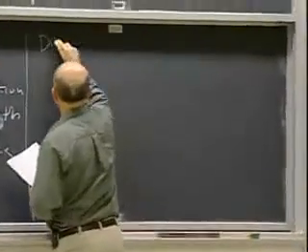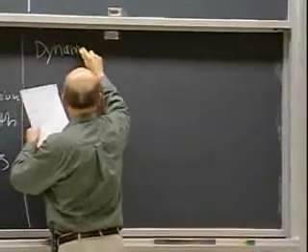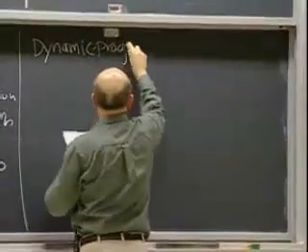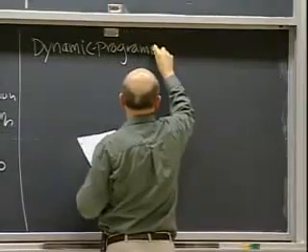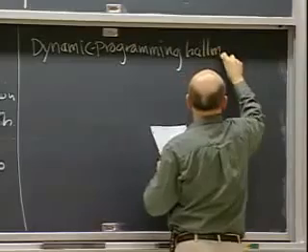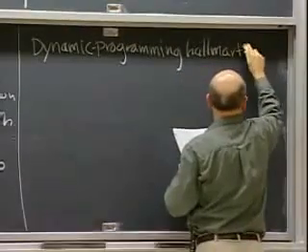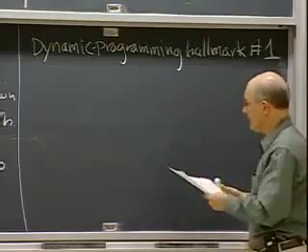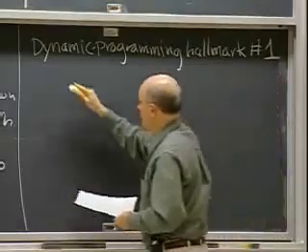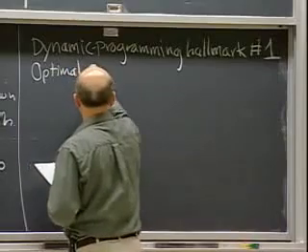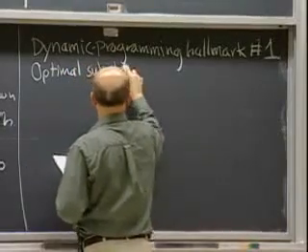And the dynamic programming hallmark is the following. This is number one, and that is this property of optimal substructure.